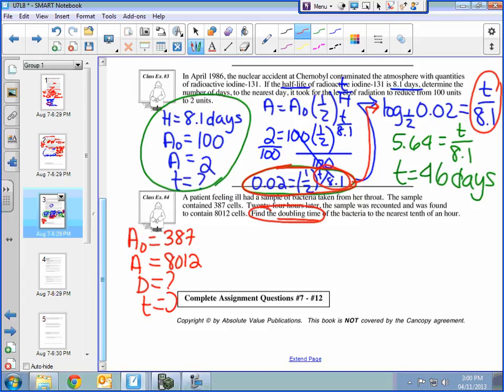Yes. So if you're looking for the nearest tenth of an hour, 24 will just stay in hours. Okay. So you're just going to have to watch your units because this first one, it says the nearest day. Our H was already in days, so that was fine. This one, our T is still in hours, and we're looking for hours, so we're okay there, okay?